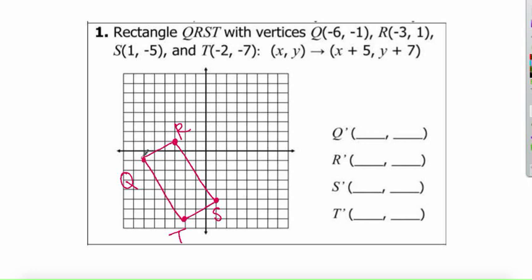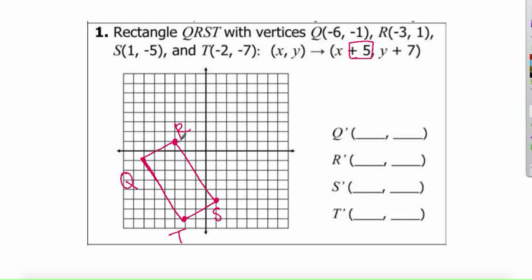What we're doing with this lesson is sliding a figure. They're giving us this rule, and what they're telling us is to add 5 to all the x coordinates. So if I'm adding 5 to all the x coordinates, I'm moving all of these coordinates 5 over. I'll show you the first one slower, and then we'll move a little quicker.